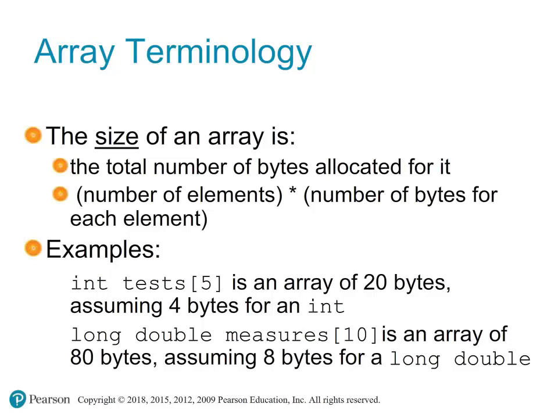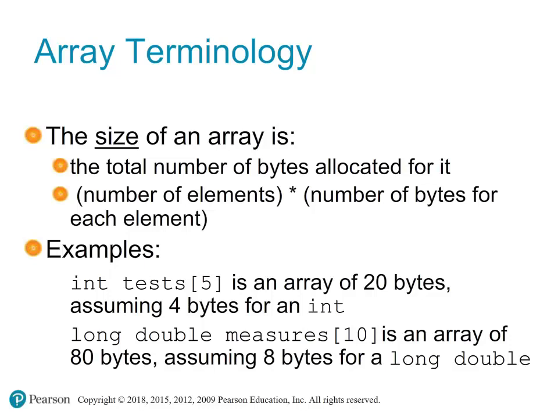The formula to calculate the size is straightforward. You simply multiply the number of elements by the number of bytes required for a single element of that data type. This is particularly relevant when you are working with memory-sensitive applications or low-level programming languages. For example, if you have an array tests with 5 integers and you are using a system where an integer takes up 4 bytes, then the total size will be 5 multiplied by 4, equals 20 bytes.